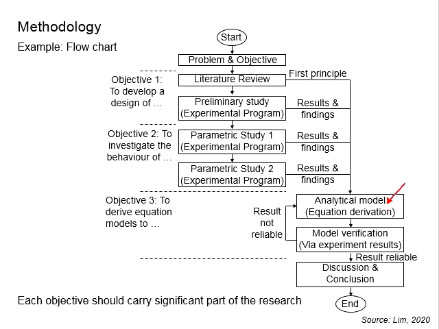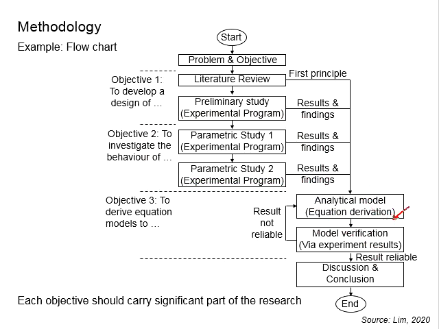Once you reach the intended outcome, where you have developed a model to predict a certain response, you can now put in the data obtained from the experimental study for verification purposes. You can substitute the same parameters used in your parametric study into the equation model.